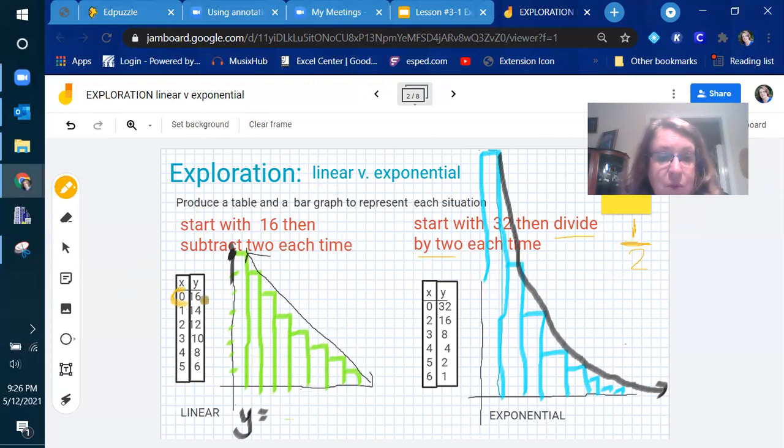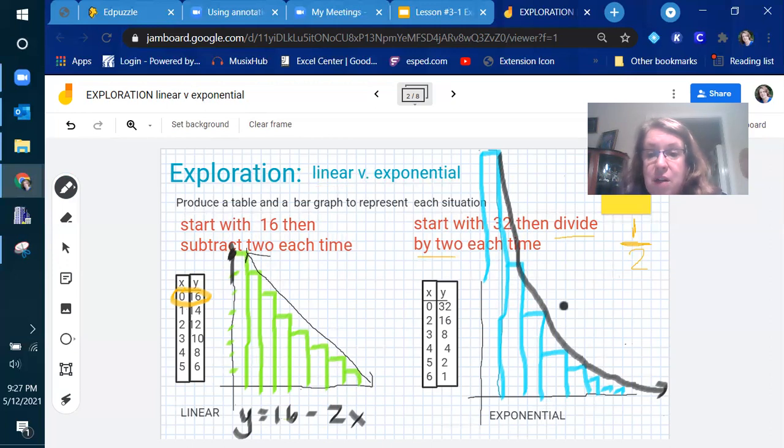If they have a table, you can find the starting amount if you look for the 0 where the x is. So this starting amount is 16. And then what I'm doing is subtracting 2 each time. So I'm starting at 16 and subtracting 2 every time. So that would be the formula for this linear function that's represented here.